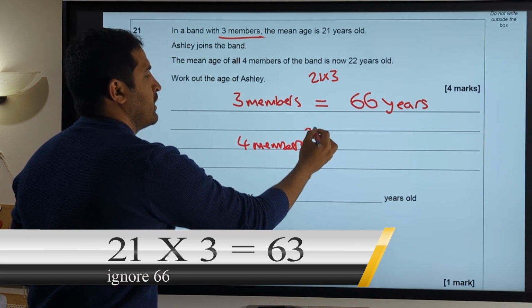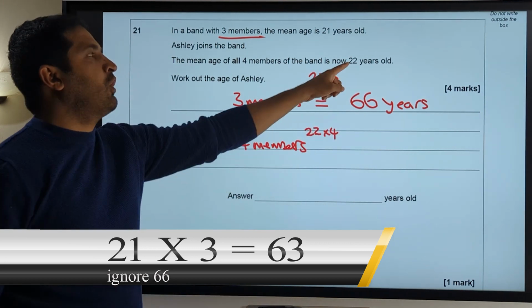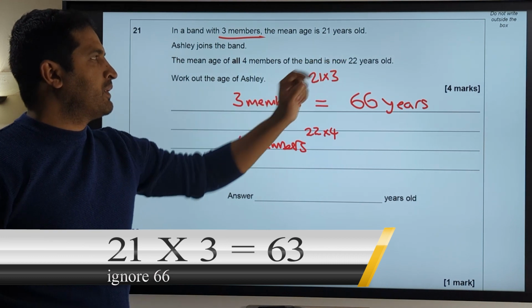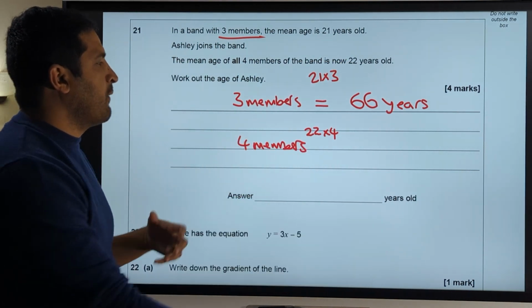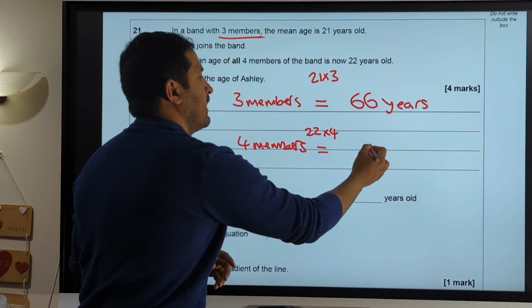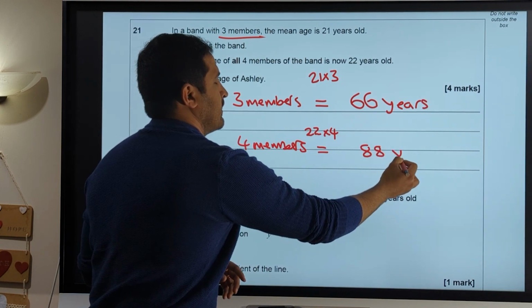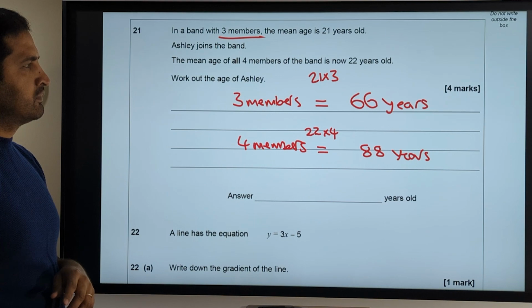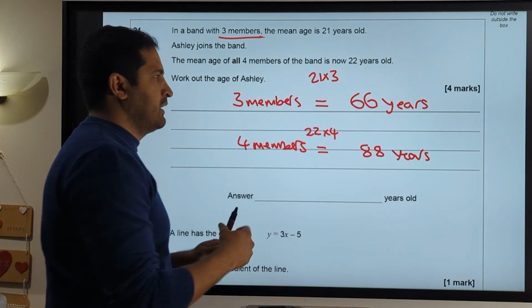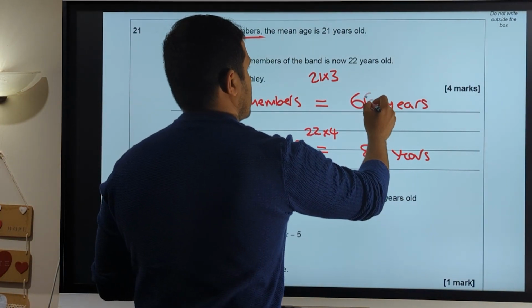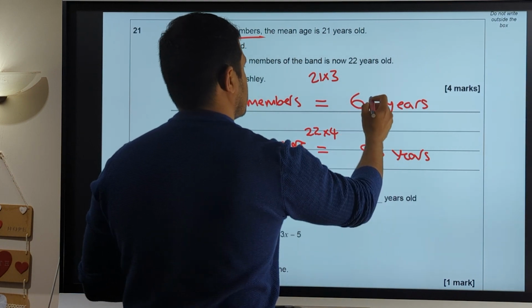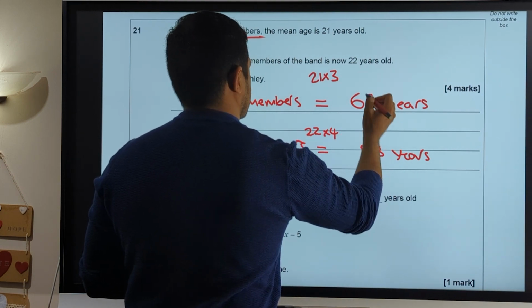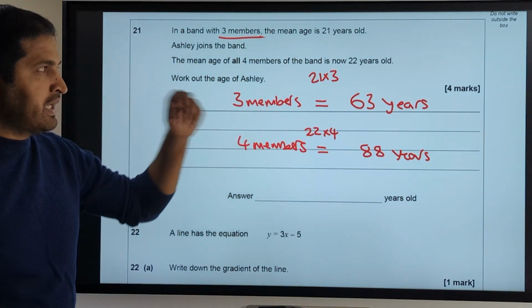So you're doing 22 times 4, because the mean of 4 members, all 4 members, is 22. So if you want to work out the 4 members' total age, it is 88 years. Sorry, would that be 66? It's 63. Use a calculator, don't make silly mistakes.